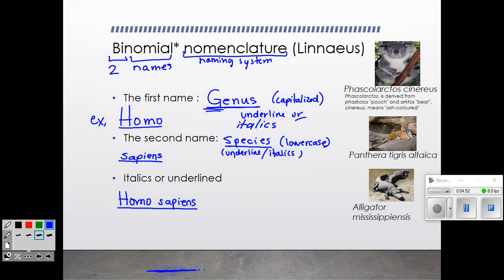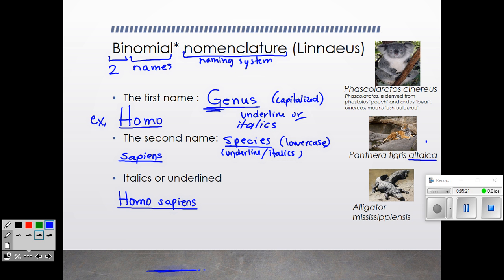If I look at those words, and I think back to the first day of bio, where we said that each bio word is actually just little small words put together, Phascolos means pouch, Arctos means bear, and cinereus means ash-colored. So its scientific name is just taken from other languages to say exactly what it looks like. It is a little gray bear with a pouch, and so that's where its scientific name comes from.